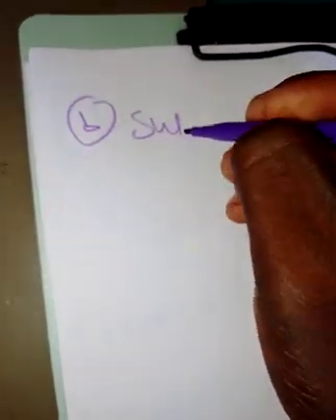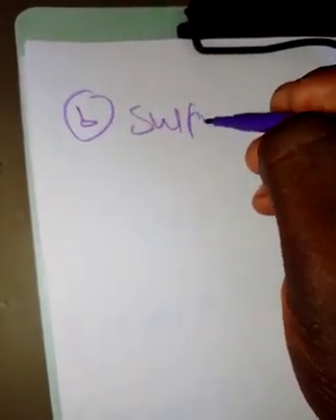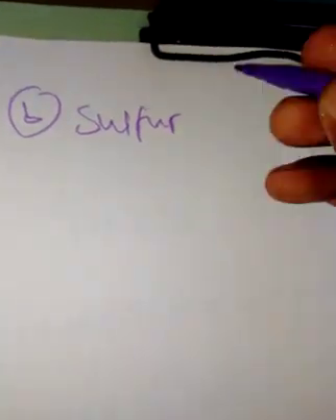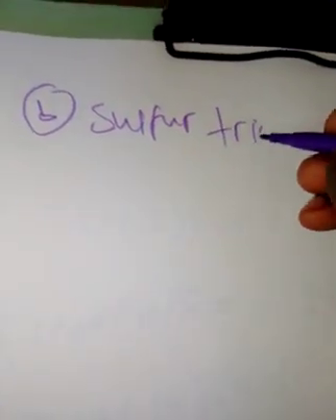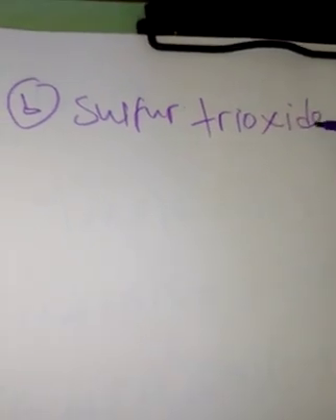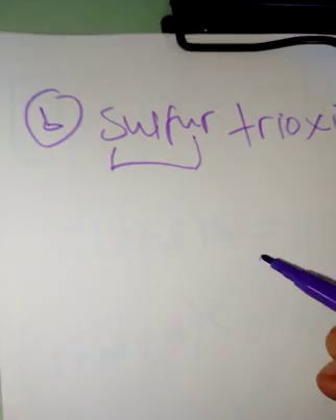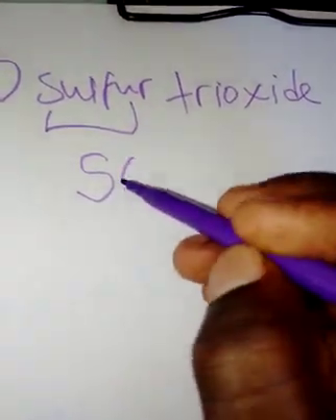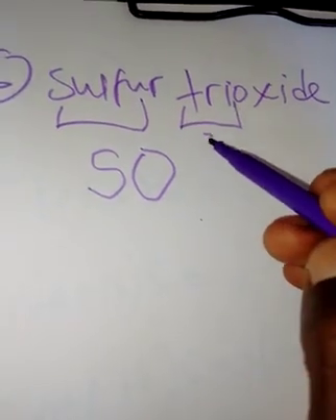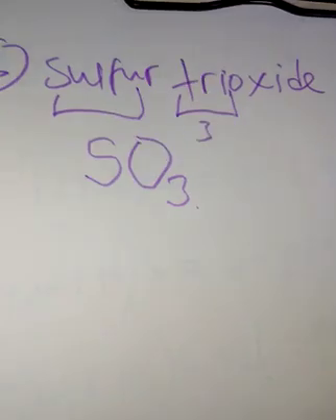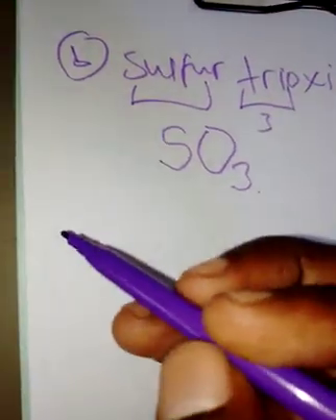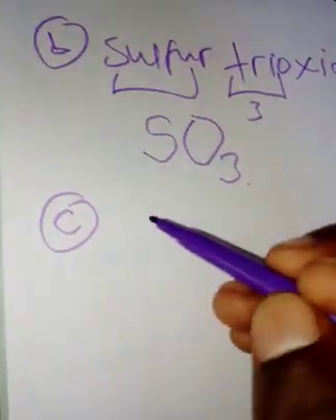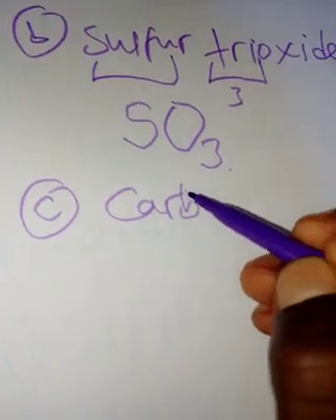What about this one? Let's say sulfur trioxide. So first element sulfur, which is just S, then oxide, this is from oxygen, tri, 3 oxygen atoms, so SO3, sulfur trioxide. Okay, then what about this one?